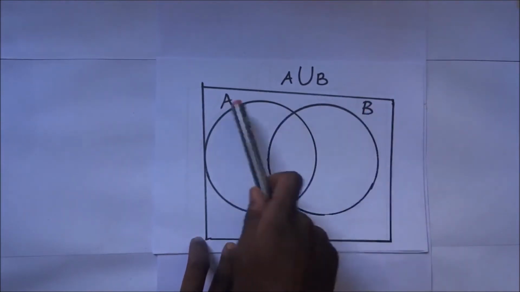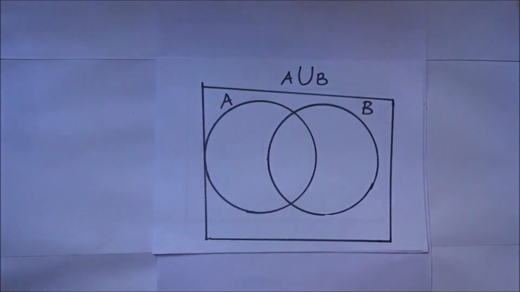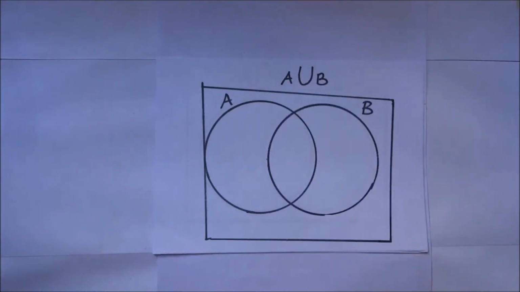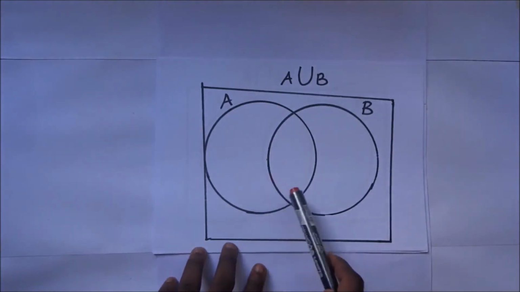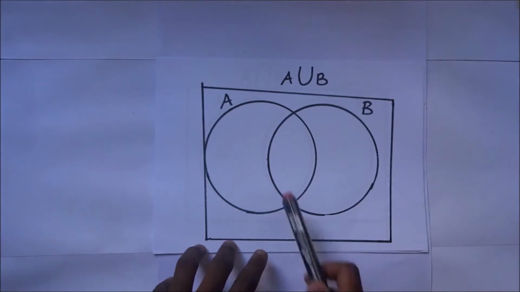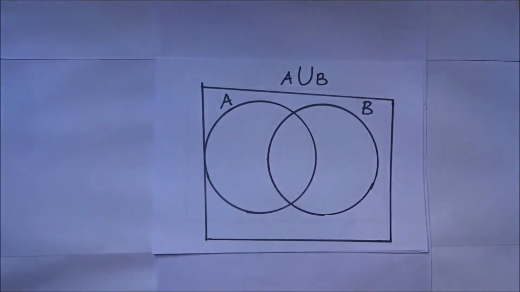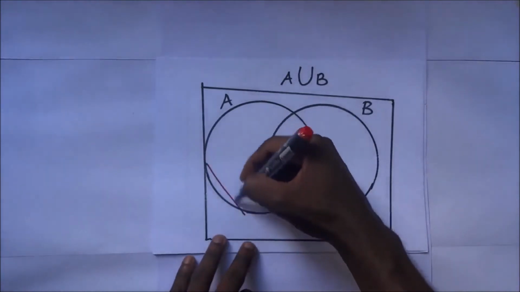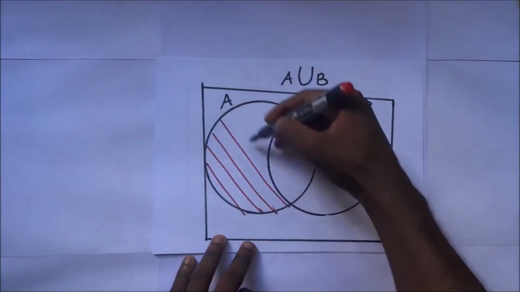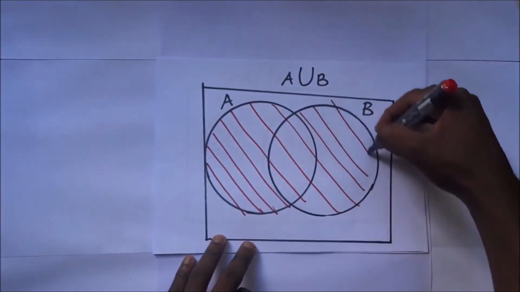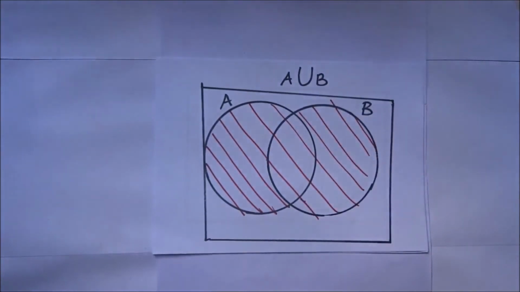So where these two, A and B, are united, their union is a combination of elements in set A and elements in set B. So when they say shade A union B, they mean that you combine all elements in set A and all elements in set B, and so we shall shade all members of the elements in set A and those in set B. So that is A union B.